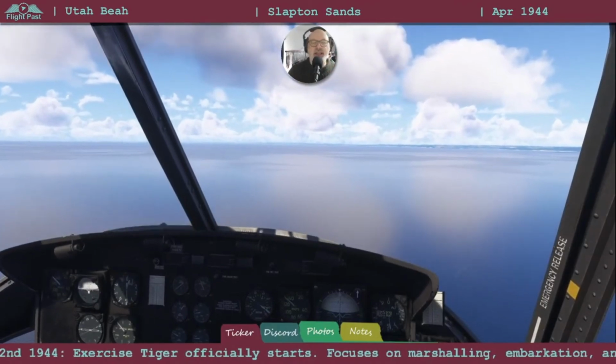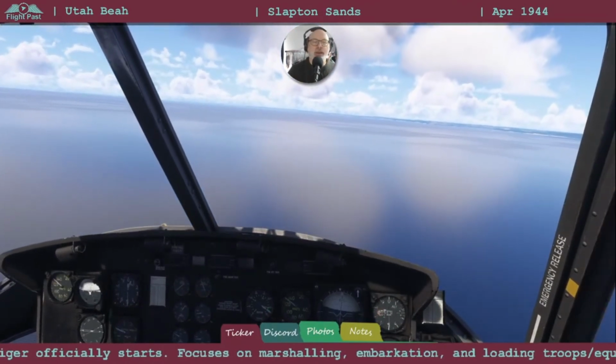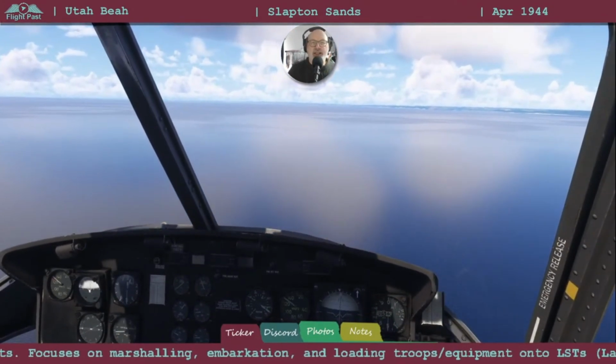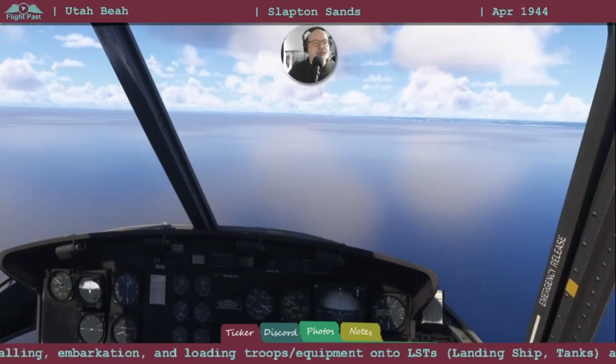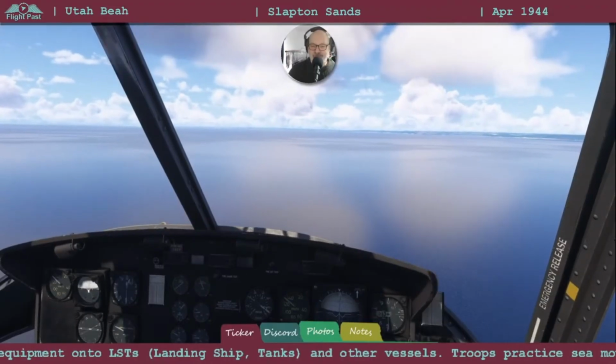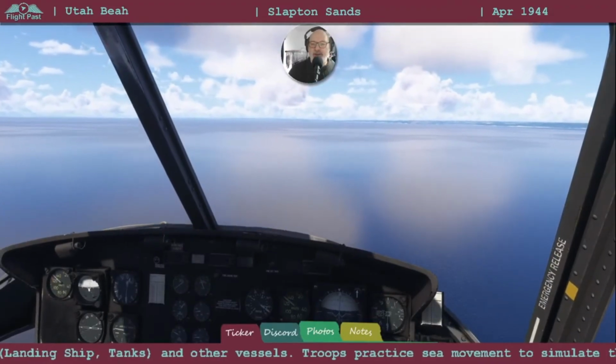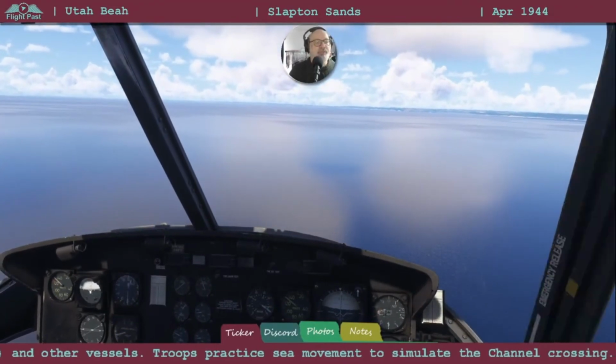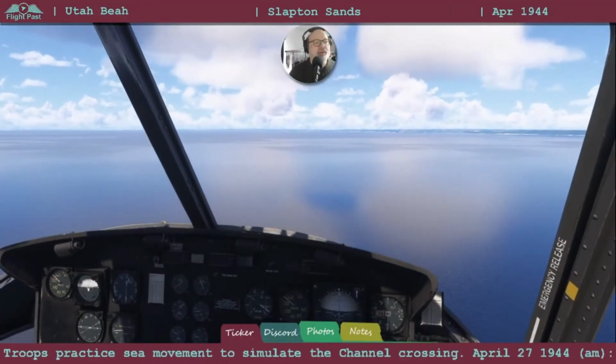So initially the exercise began with just marshalling and embarkation drills. The ships would be leaving Plymouth or Weymouth, and they would basically simulate crossing the channel.